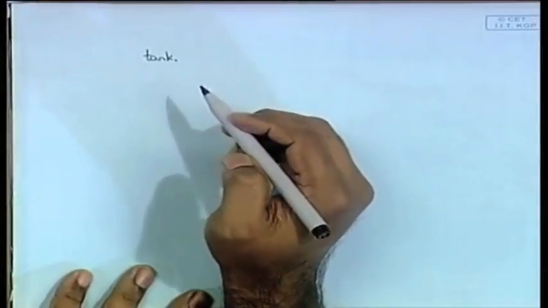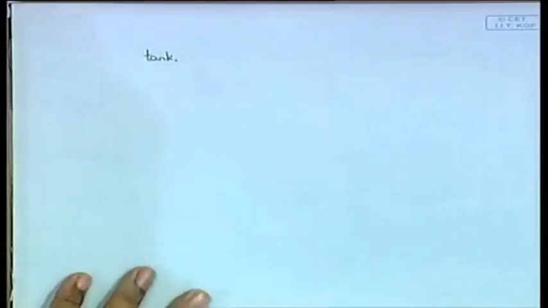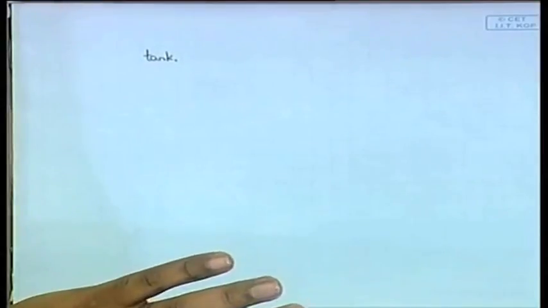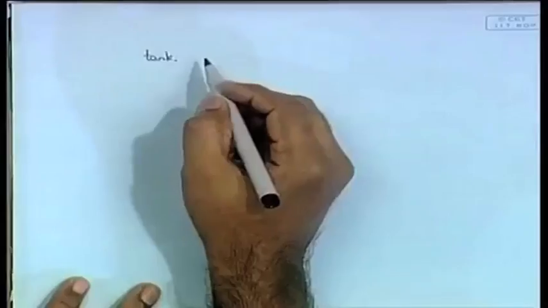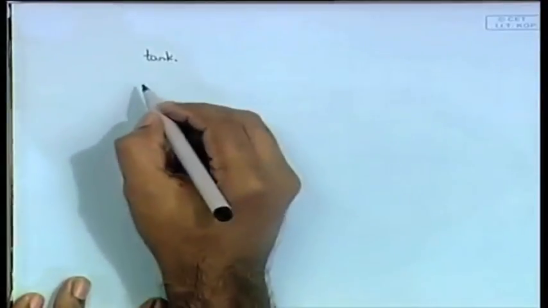The difference in this problem is that this is not a rectangular tank, so it becomes a little difficult to find the I of the tank. That is the only problem, finding the I of the tank.